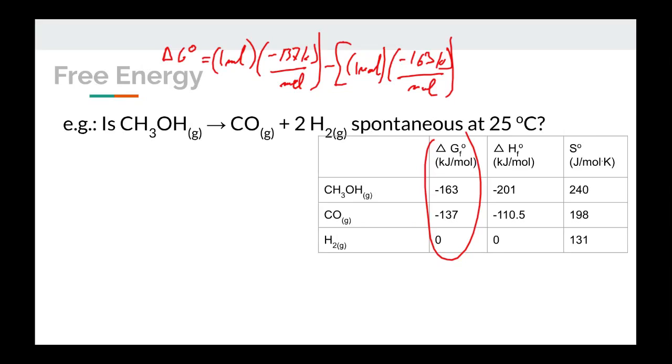That's for the CH3OH. And there is no formation value for hydrogen on the reactant part of this equation because it's an element in its standard state. Okay, so if you evaluate this, you come up with 26 kilojoules. So the answer to the question is no, it's not spontaneous because delta G is a positive value. This would have to be negative for this to be spontaneous.